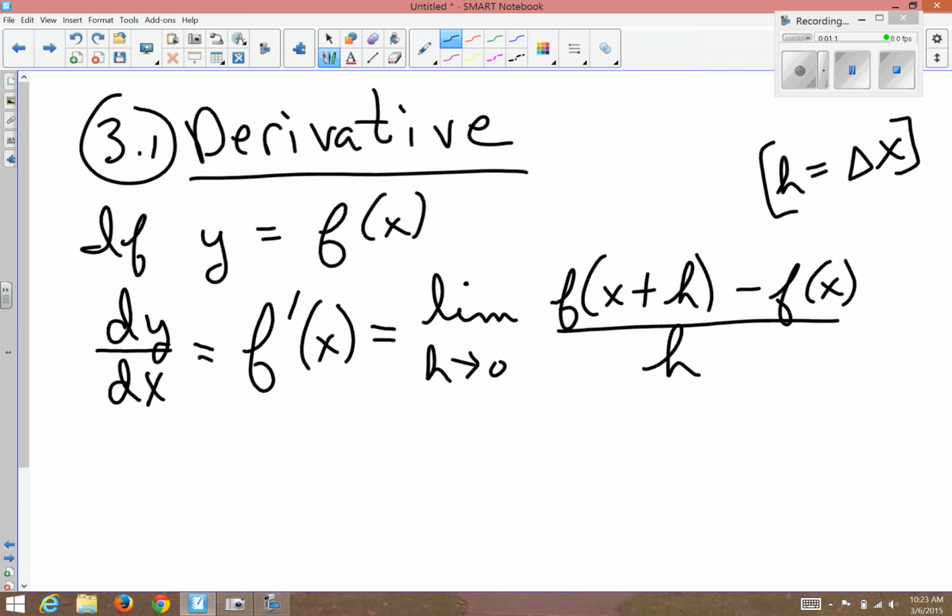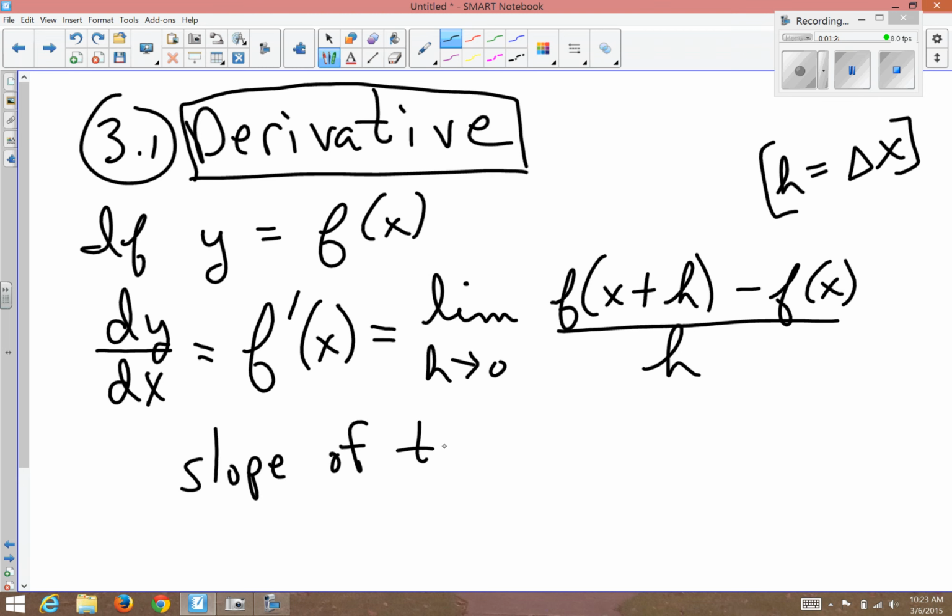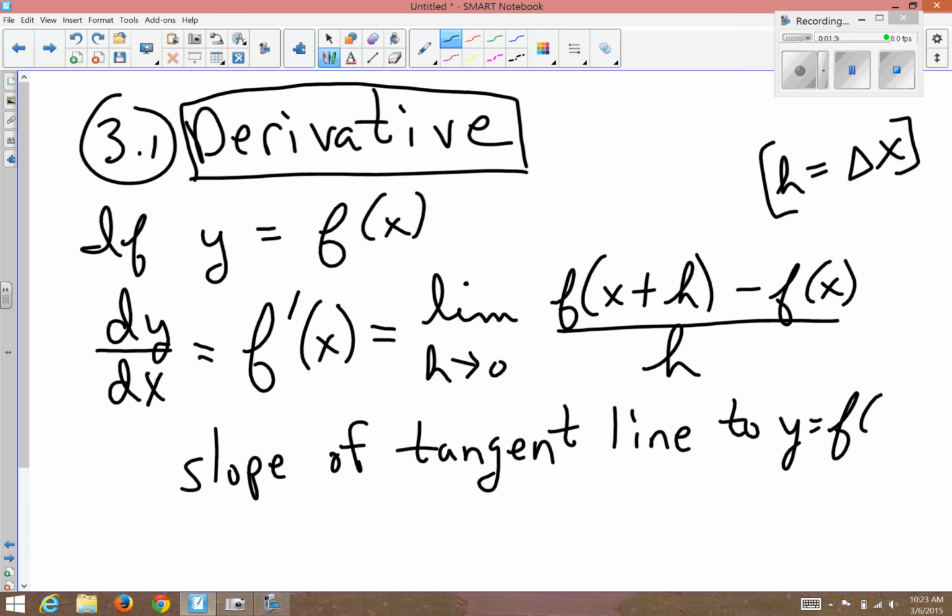The word derivative of a function is exactly the same as the slope of the tangent line to the function, also referred to as the slope of the curve.